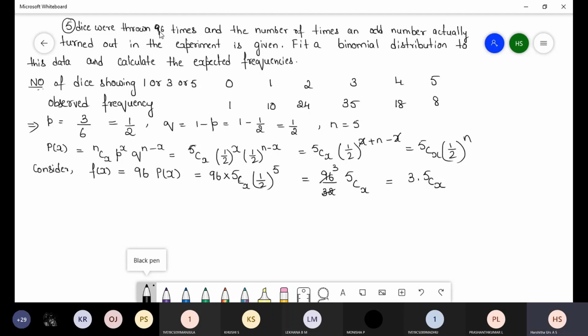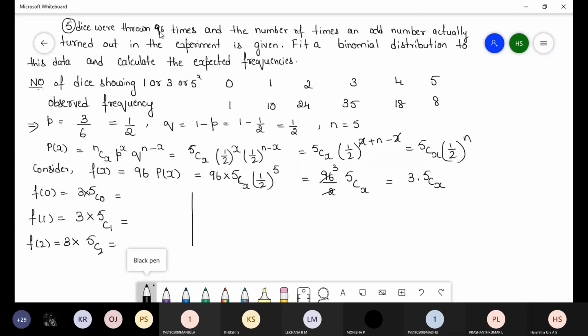Now we have to give the values for x. We start from 0 because the starting value of x is 0. So f of 0 is equal to 3 into 5C0. f of 1 is equal to 3 into 5C1. f of 2 is equal to 3 into 5C2.